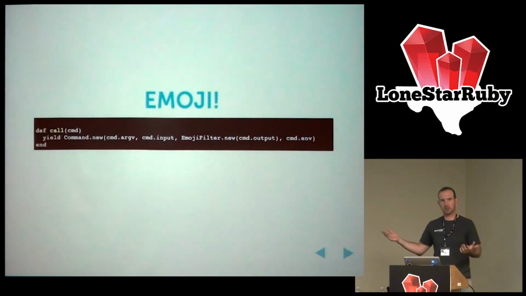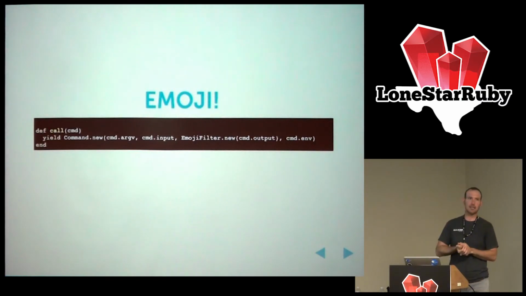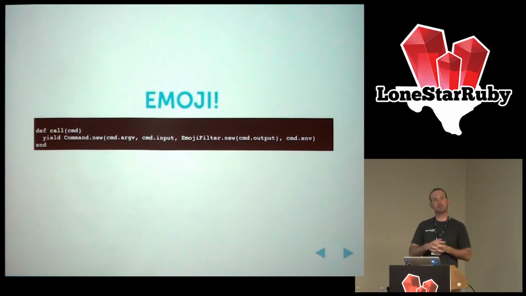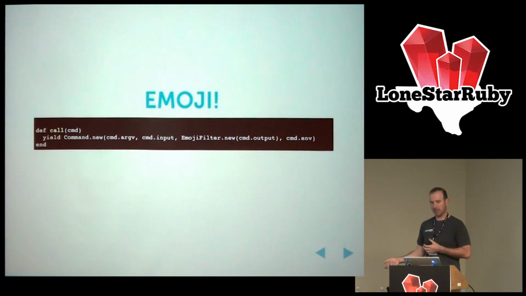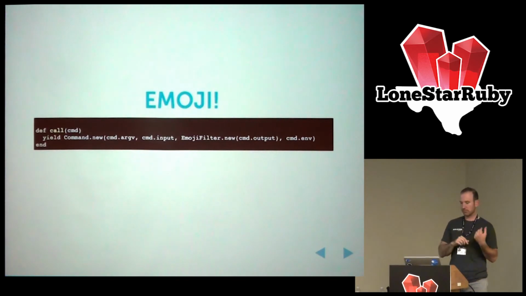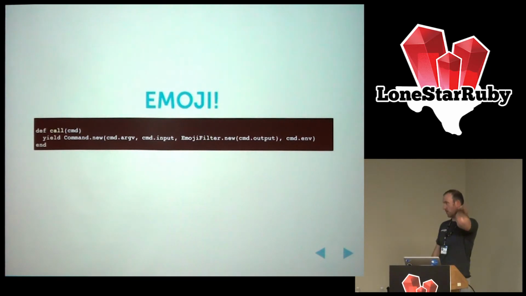So here's an example, just to put a concrete point on it. Let's suppose we had some emoji middleware that took all of the downstream output and substituted the emoji characters for their equivalents on the terminal. This is basically all you would do.